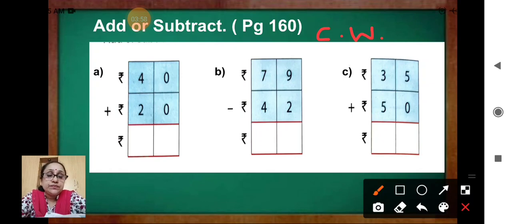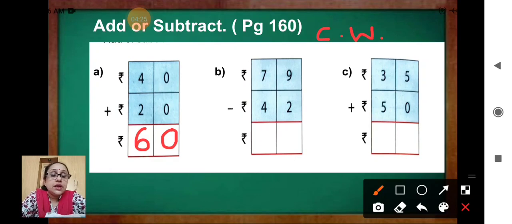Question A. Rupees 40 plus rupees 20. 0 plus 0. Ready? 0 plus 0 is 0, and 4 plus 2 is 6. Simple addition.